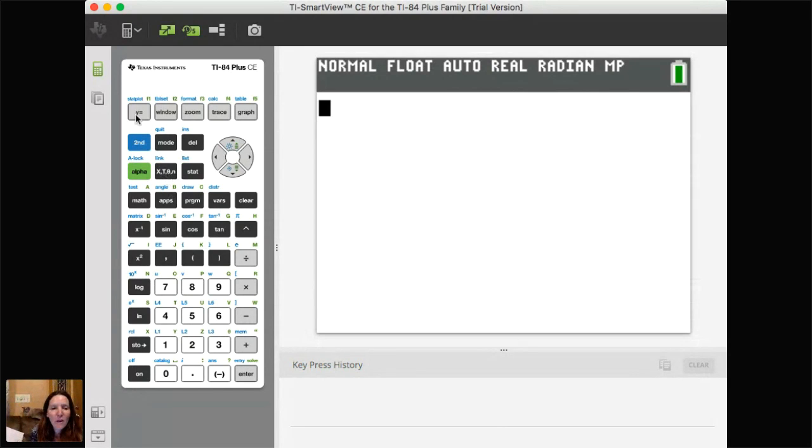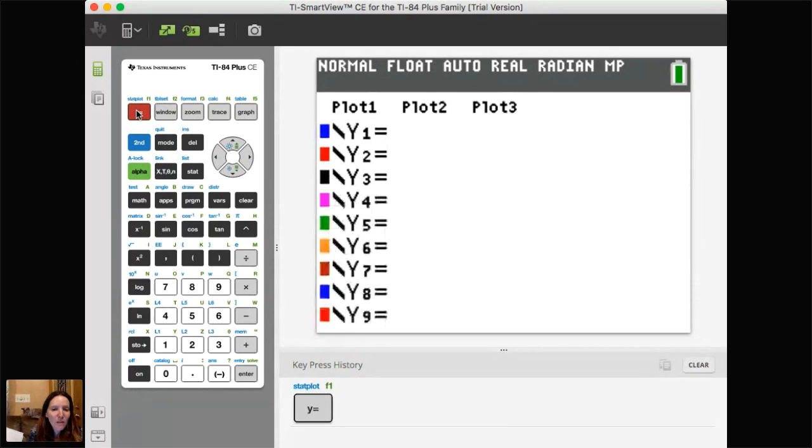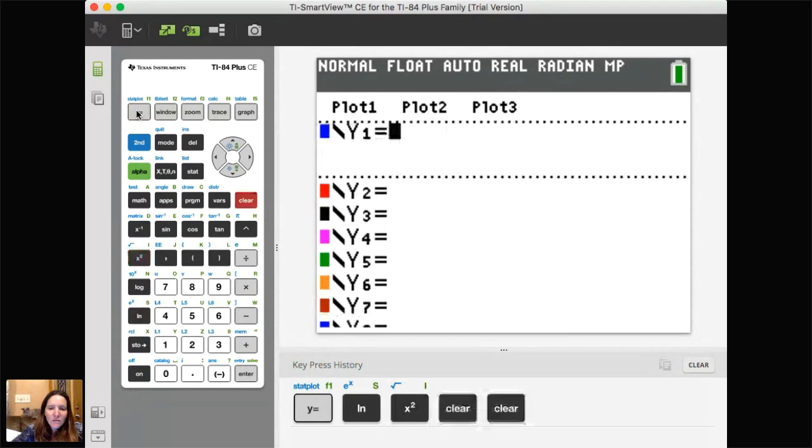So the first thing I always recommend, especially if you have a free response question, you're going to have multiple parts and they're all going to be about the same function. So your best bet is to go into the y equals bar and input your function. Because by doing that, then you can use it as much as you want, right? So ignore all that. So you're going to do sine.